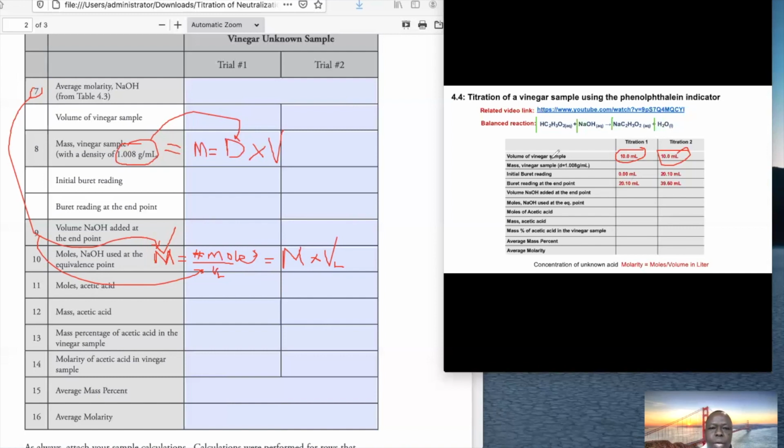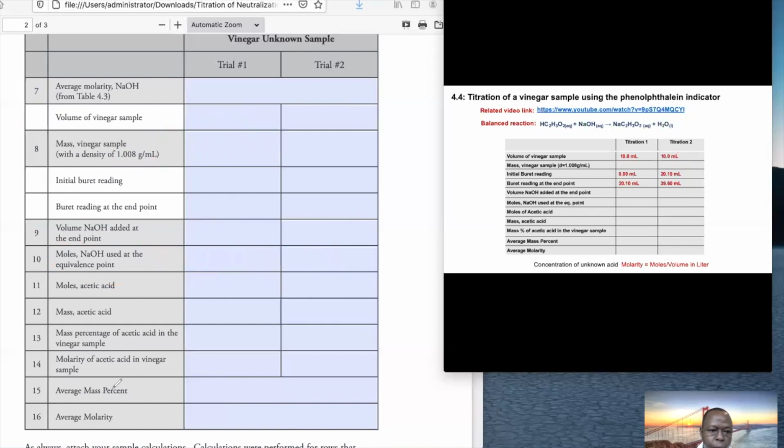Line 11 here. To get line 11, look at the mole ratio, it is 1 to 1.